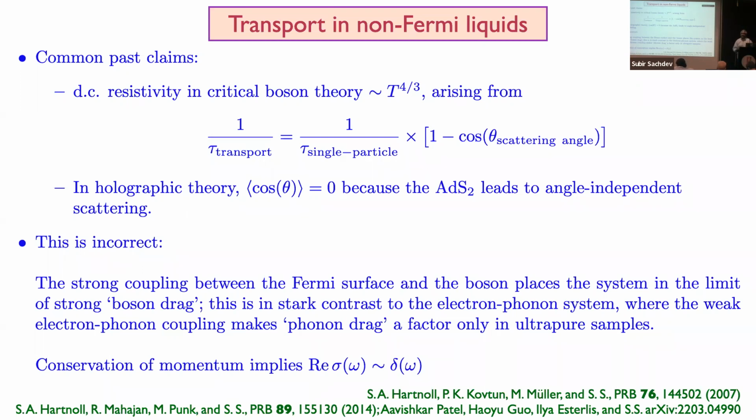It's not going to change. And that current will be non-zero. So the current will flow forever. And there'll be some decay at short times because the current is not conserved. The momentum is conserved.